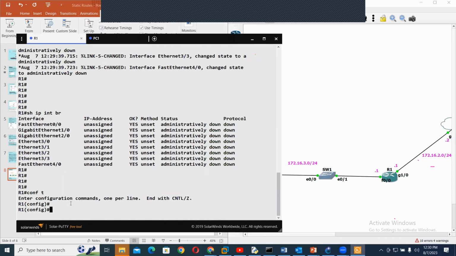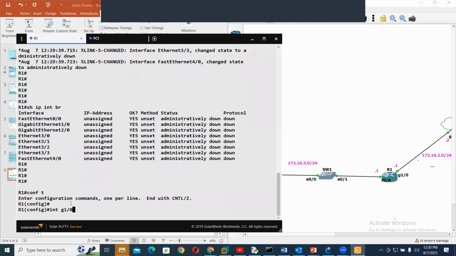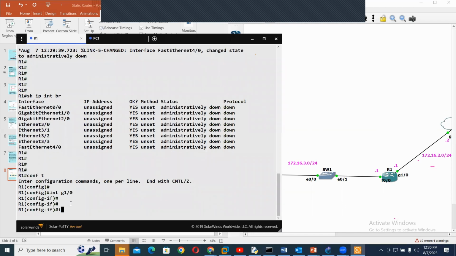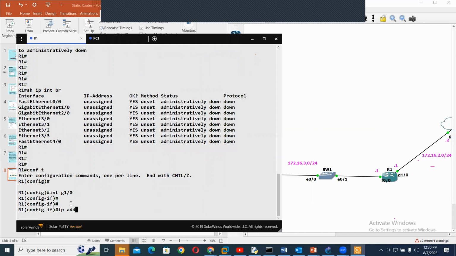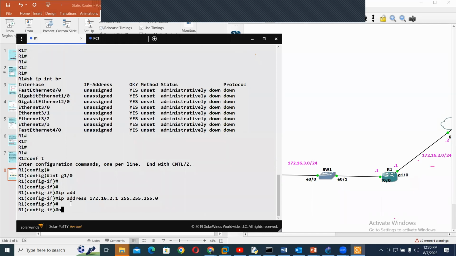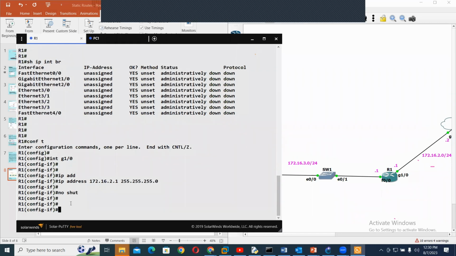Config T, interface G1/0, IP address 172.16.2.1 255.255.255.0, no shut.